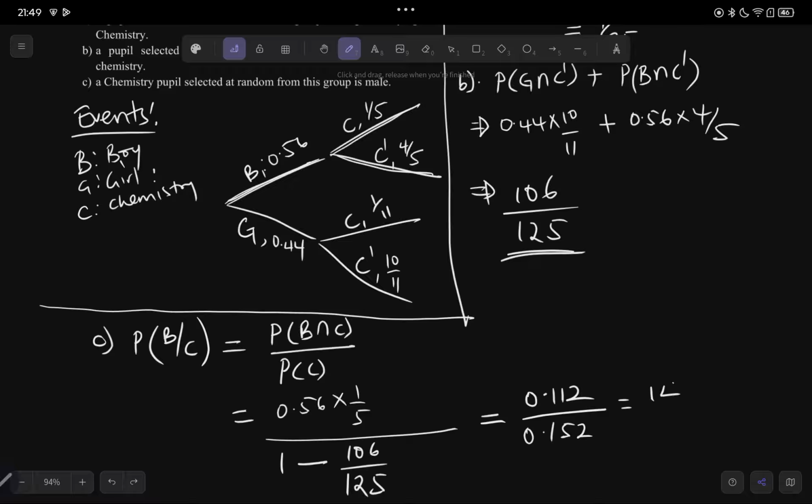The answer is 14 out of 19. Correct. We can verify our answer by using the other method for the denominator of not using the complement but moving the branches. For those studying chemistry, we look at boys chemistry, girls chemistry, and we add the two. We shall still end up with the same answer.